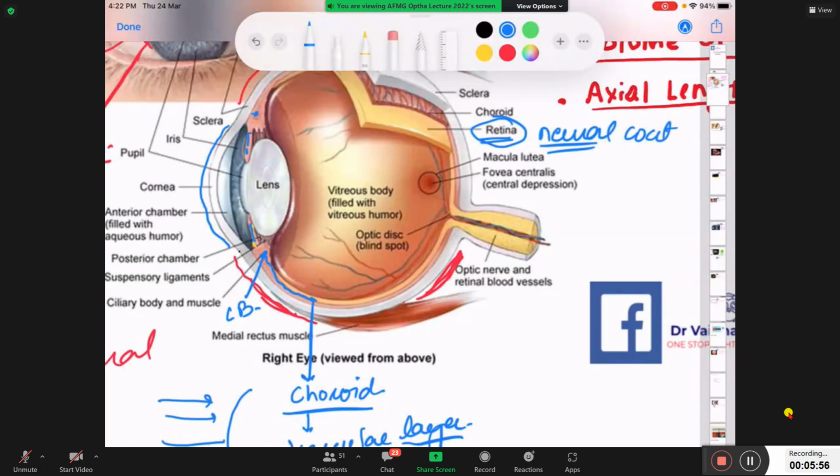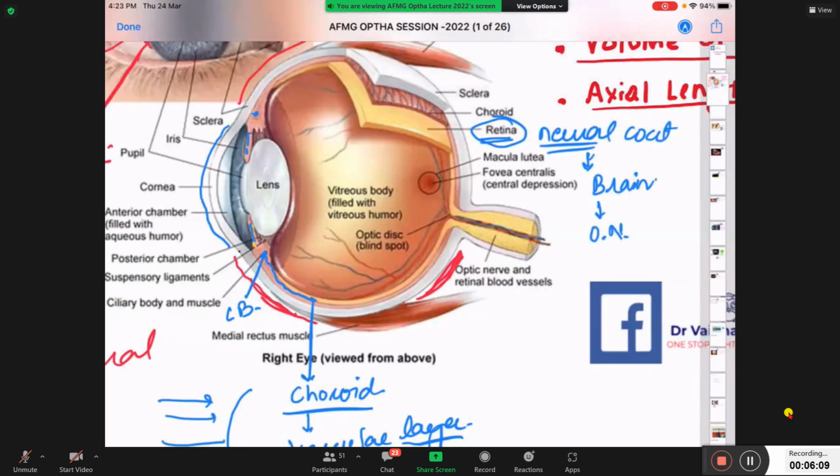This neural coat of the eyeball is connected to your brain via the optic nerve. That is why this retina is called your neural coat of the eyeball. Understood? Clear?